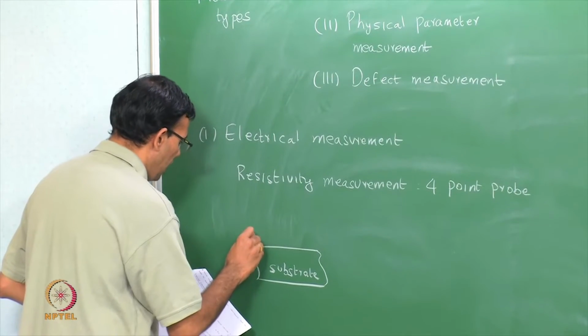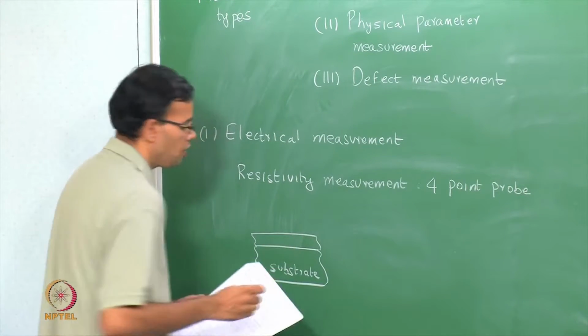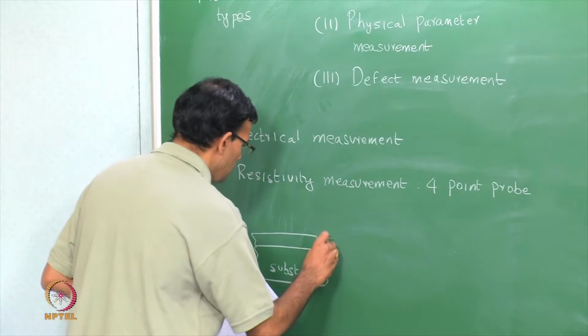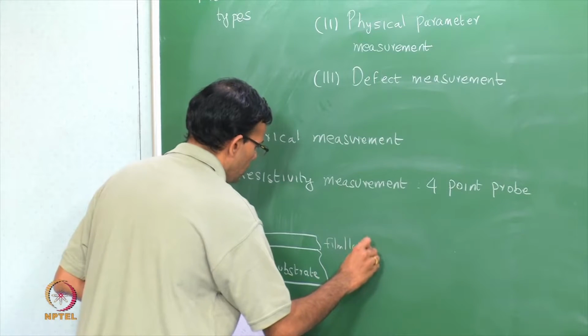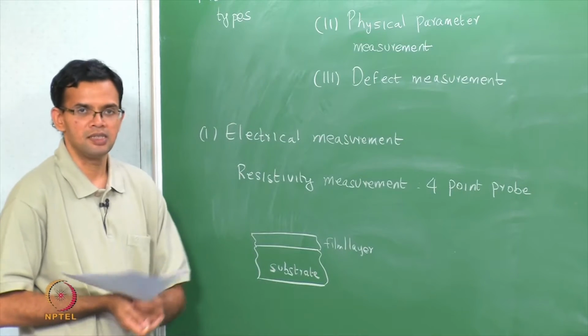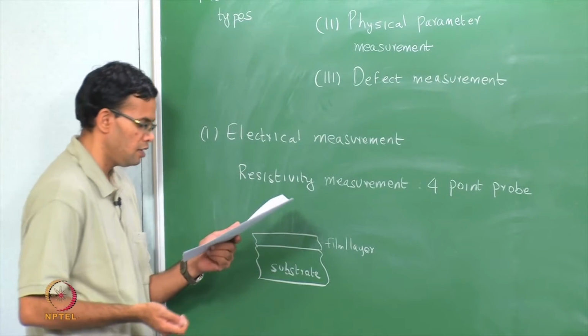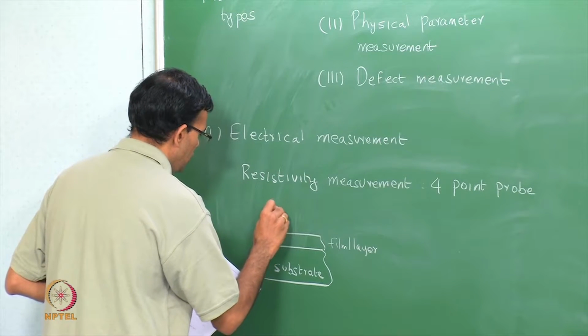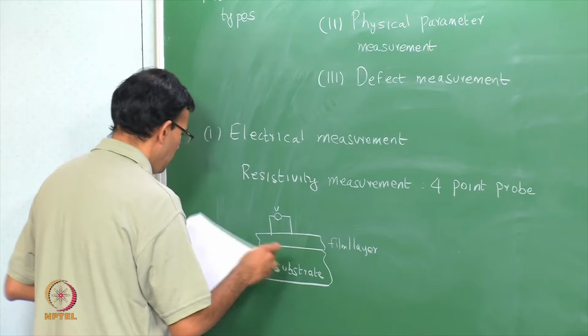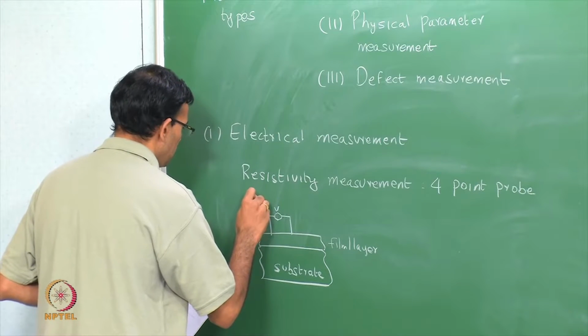You can usually have a thin film or a layer on top. And we want to measure the resistance or the resistivity of this layer. So, there are 2 probes for measuring voltage and 2 probes for sourcing the current.